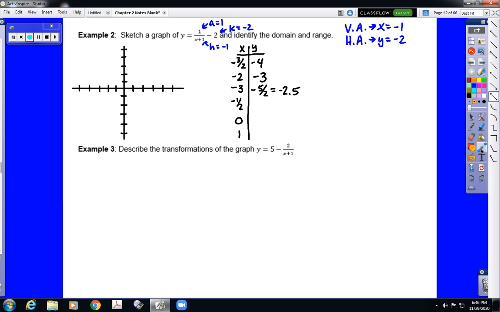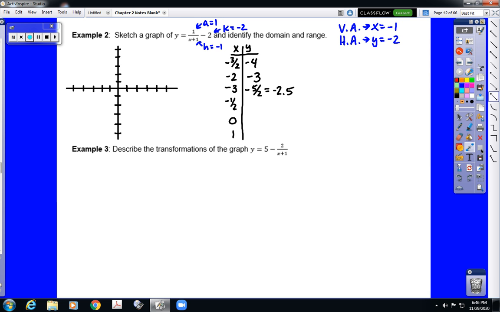We'll go ahead and we'll draw in our asymptotes. We have a vertical asymptote at x equals negative 1. And we have a horizontal asymptote at y equals negative 2. Graph the points that we've already come up with here.